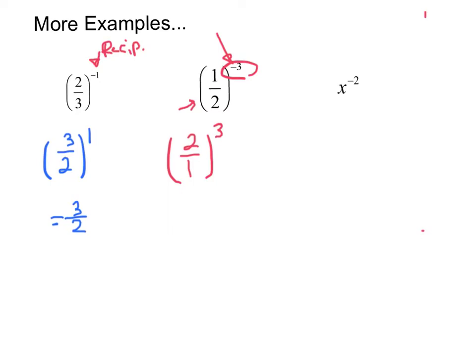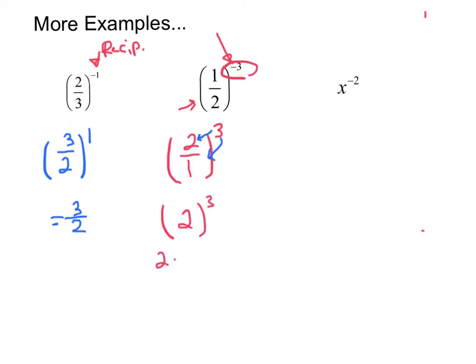Now, what we can do here is what we did before and distribute that power of 3 to each one of these pieces, but there's also an easier way, especially when we have this over 1. What's 2 over 1? That's just 2 to the power of 3. Makes things a little bit easier.